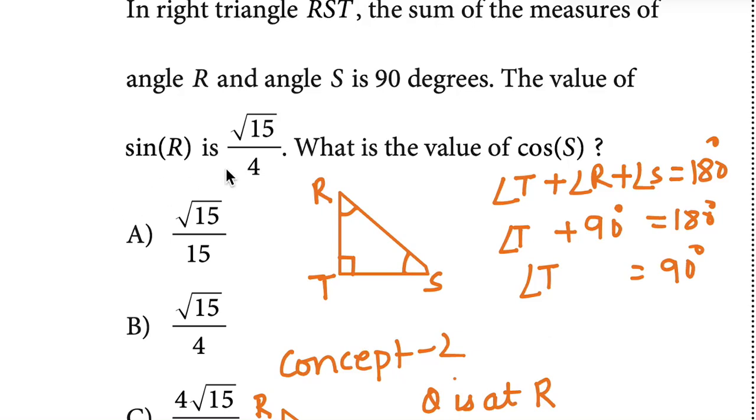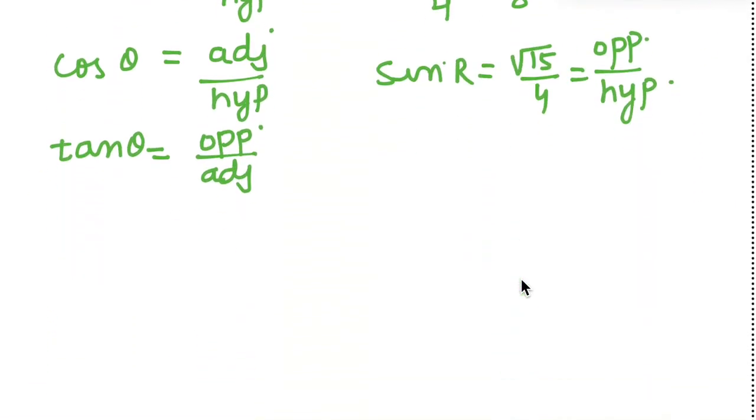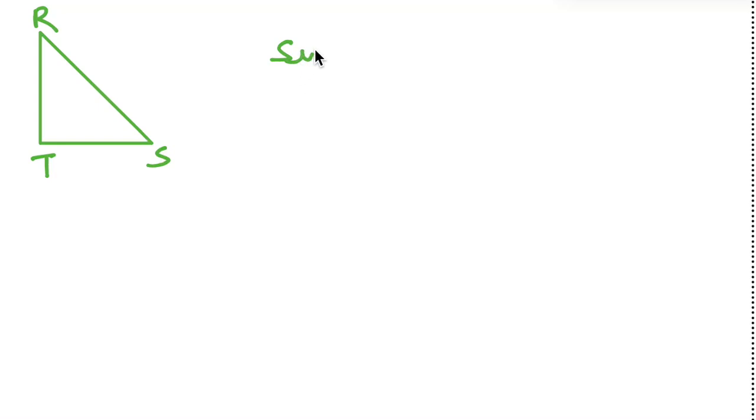Okay, let's see what the question is. Sine R is given and cos S is asked. Let's draw the triangle one more time. So here is the triangle, here it is R, S and T, and in the question it is given sine R is equal to root 15 by 4.